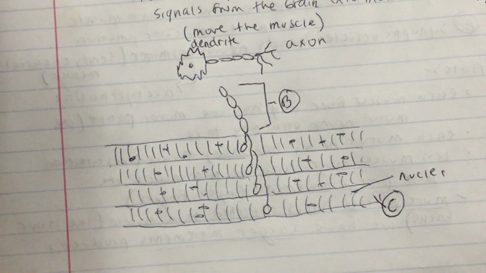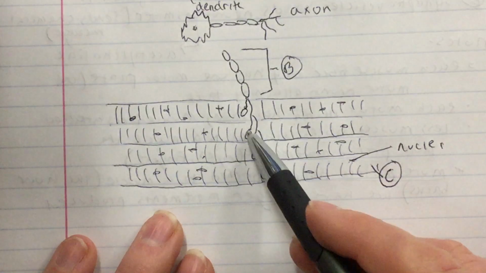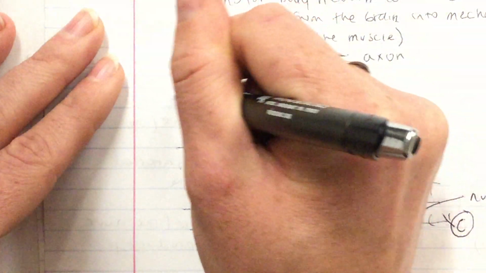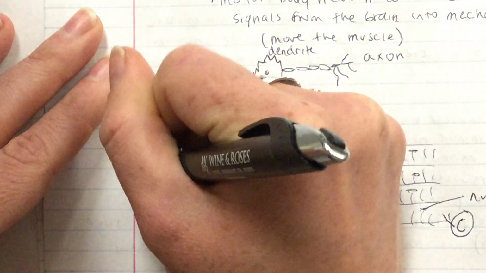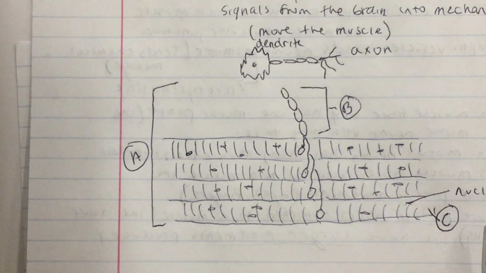Okay, so this entire thing where we have a motor neuron and the muscle fibers that it connects to is called the motor unit. So I'm going to label this entire image with the letter A. Now what we're going to focus on here is the point at which this communication actually happens.